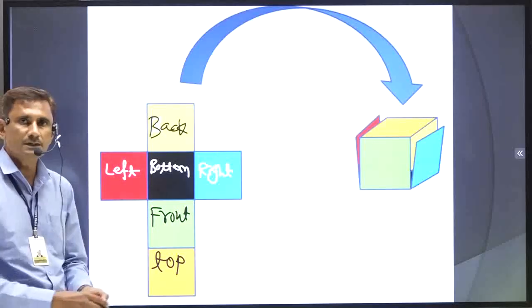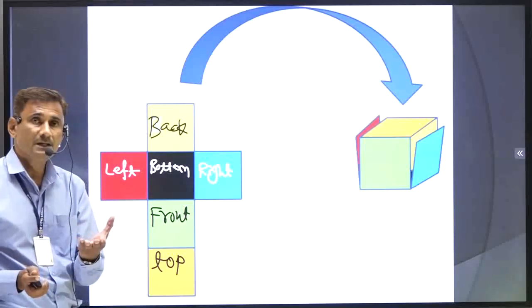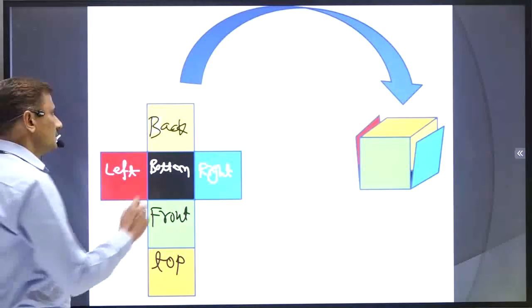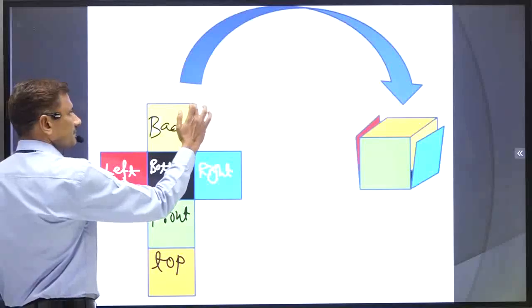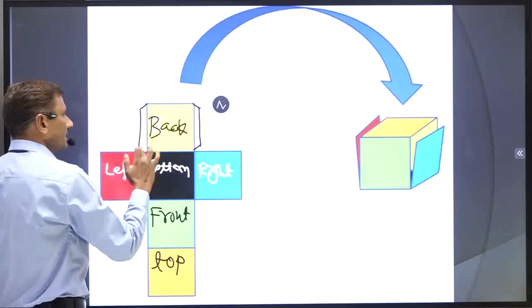So understood? It will be folded accordingly so that you will have this type of shape. I will demonstrate here also how to prepare the net, what type of net physically will be there, and how to fold it. And you have to make flaps also like this, everywhere at left and right.